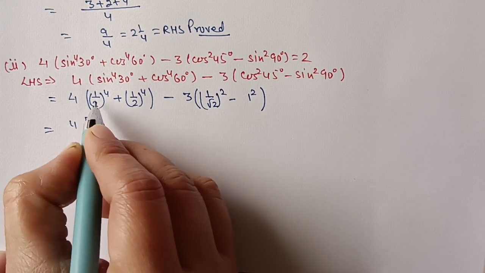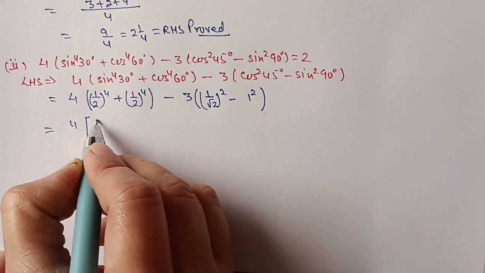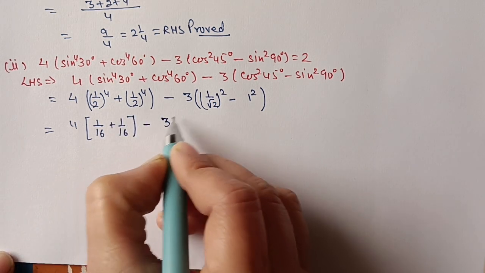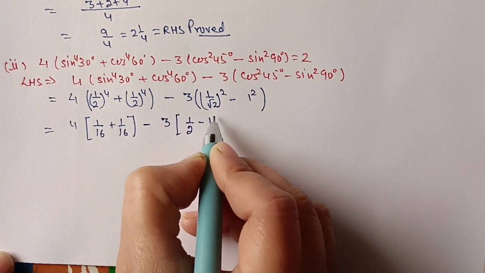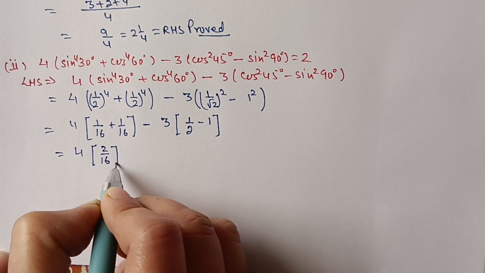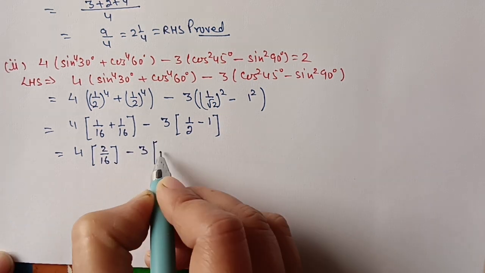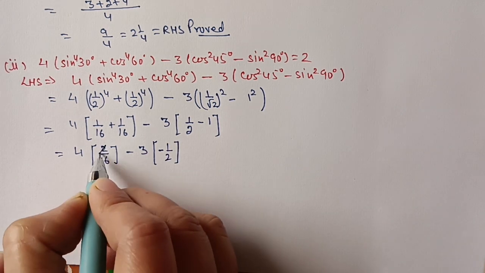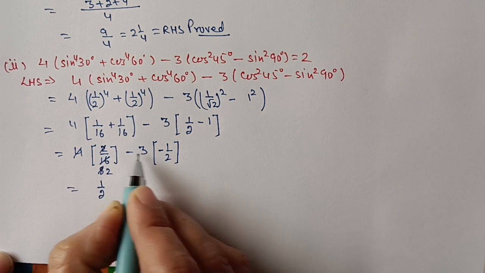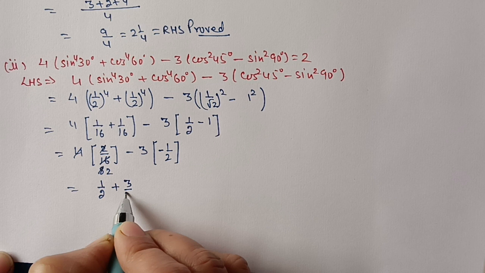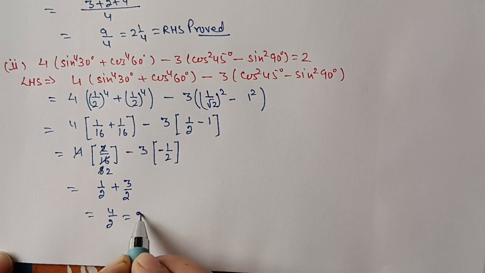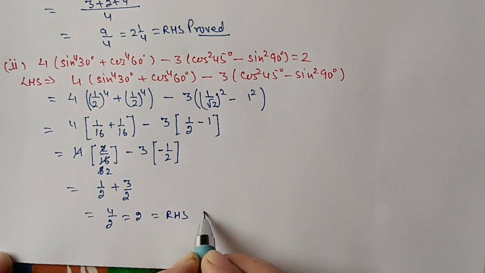So here we will get 4 into 1 by 2 to the power 4, which means 1 by 16, plus 1 by 16, minus 3 into 1 by 2, minus 1. Here you can write it as 2 by 16 minus 3 by 2 and after simplification, minus 1. The 2 and 8 you can cancel and the 4 and 2 as well, so we are getting finally 1 by 2 minus minus will become plus, 3 by 2. 1 by 2 plus 3 by 2 is 4 by 2, which is equal to 2. We got the right side.